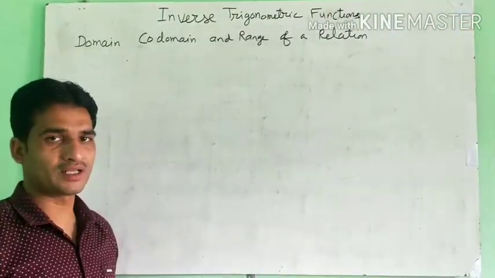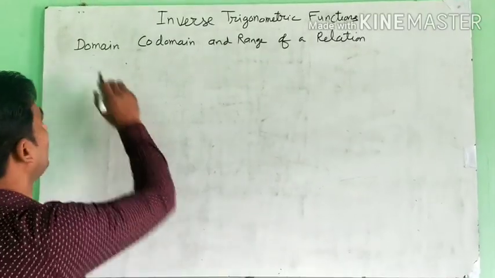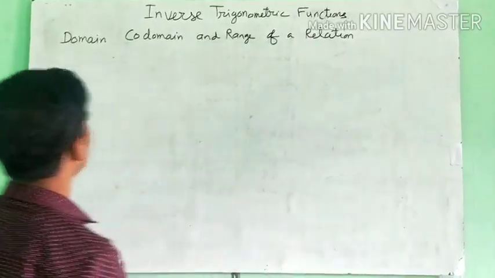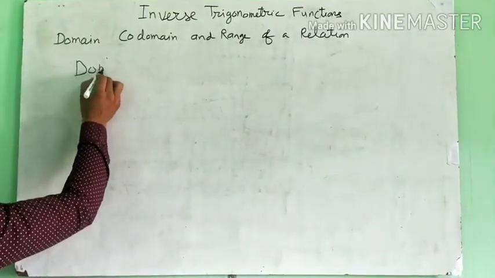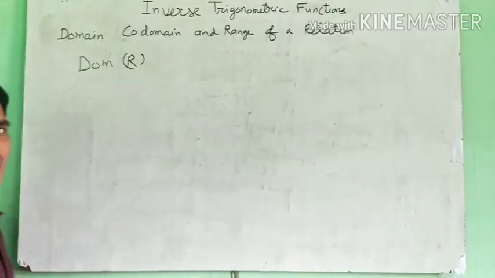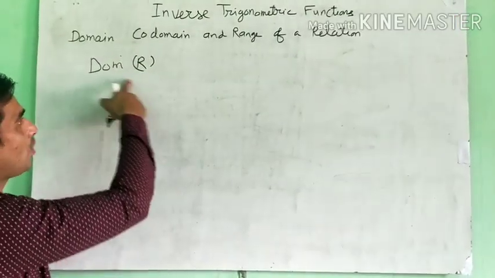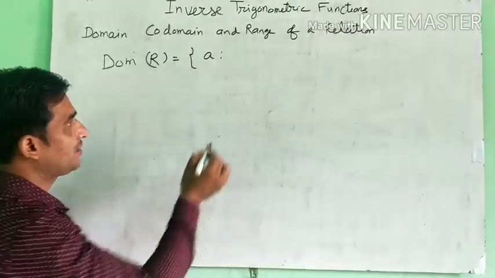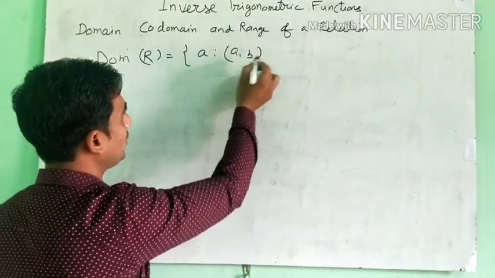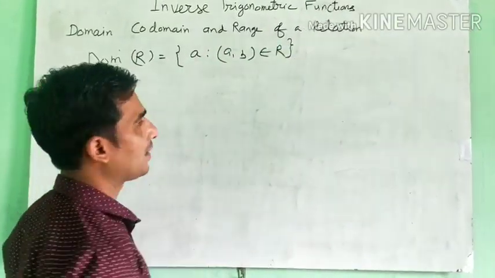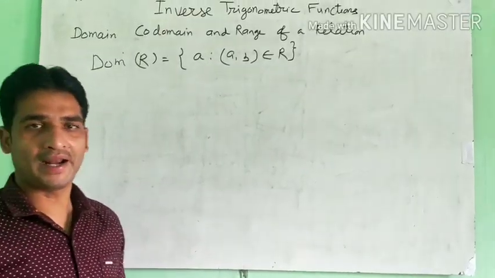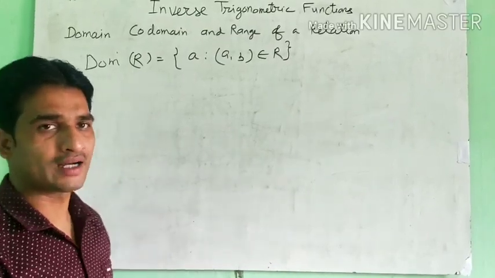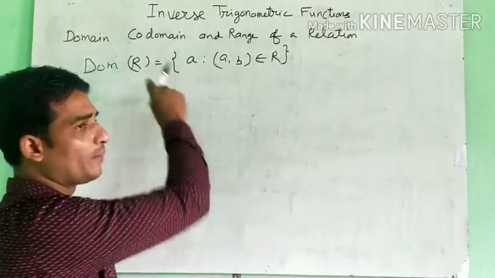Now I discuss domain, codomain and range of a relation. So what is the definition of domain? Suppose R is a relation. The domain of R is defined as the set of A such that (A, B) belongs to R. It means if any ordered pair (A, B) belongs to R, then A belongs to the domain.